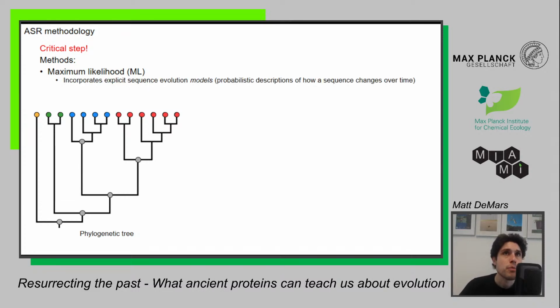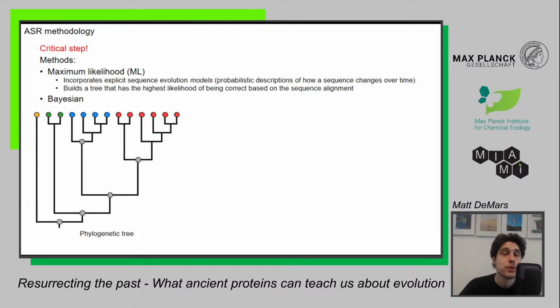Basically, maximum likelihood has an explicit sequence evolution model incorporated into it, and these models are probabilistic descriptions of how the amino acid or DNA sequence changes over time. And so this ML method builds a tree that has the highest likelihood of being correct based on the alignment that you give it. So that's why it's also very important to have a robust alignment.